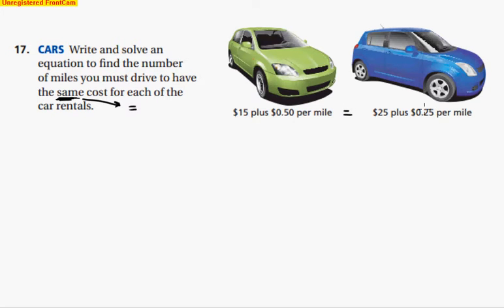There's a component that's going to be changing each time. We're always going to pay this $15, but we're going to add on this 50 cents for every mile. So 1 mile is just 50 cents, but we don't know how many miles we're going to go.